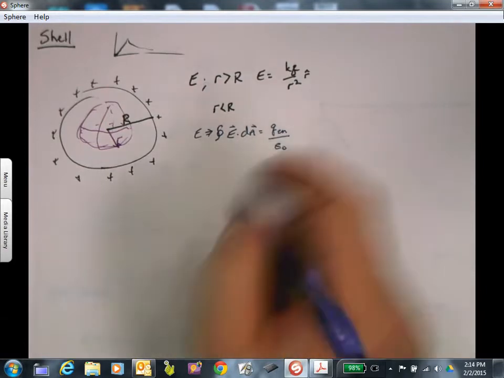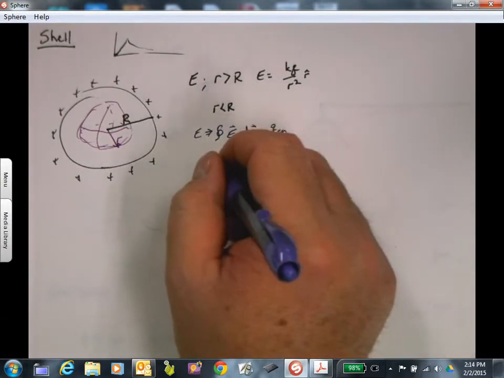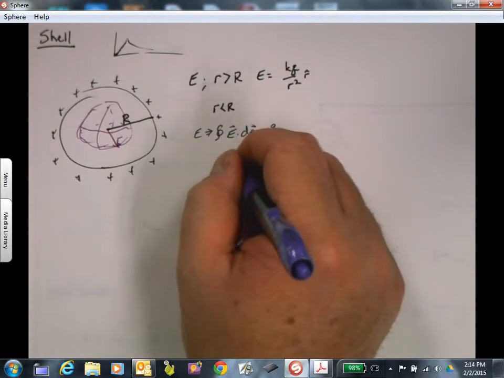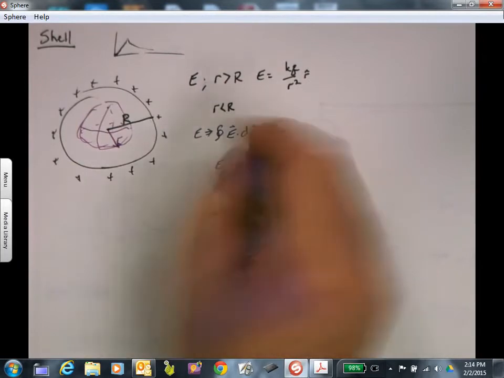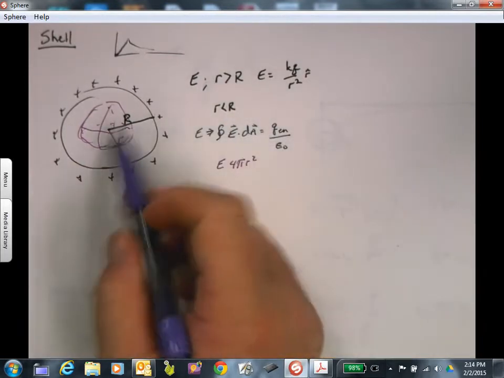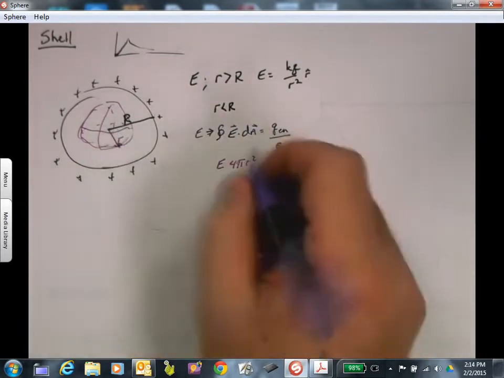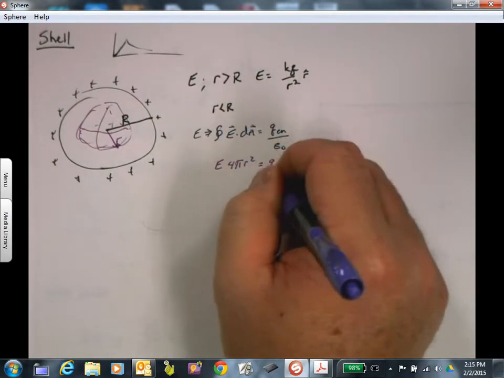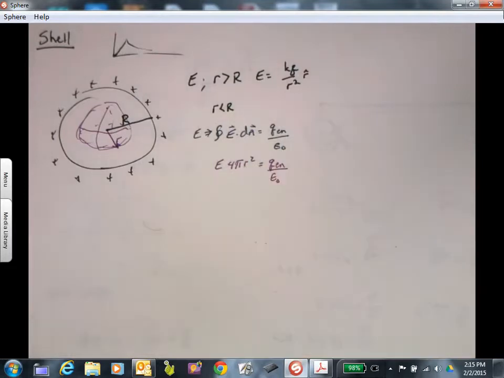So this is going to be the total field times 4 pi r squared for our dA of the Gaussian surface. And that equals the Q enclosed over epsilon naught. But how much charge are we enclosing? Zero. It's all outside the sphere, right?